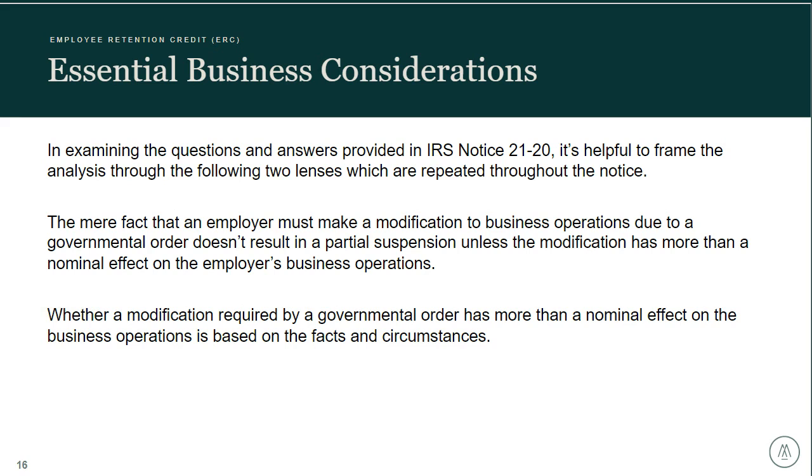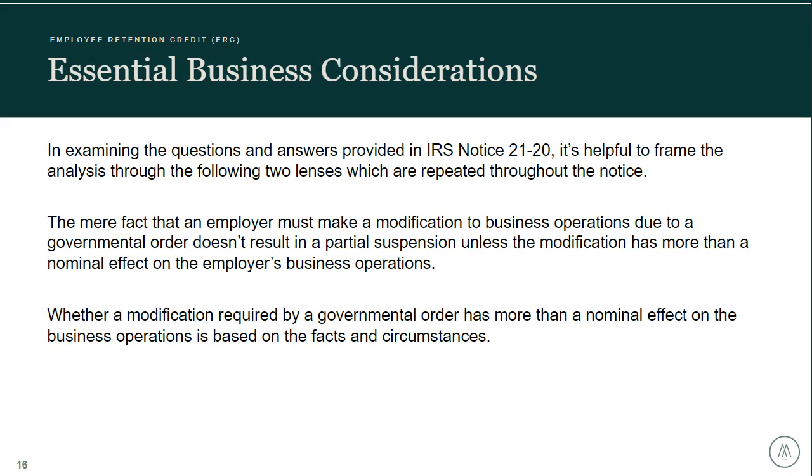And then the second aspect of this is whether a modification required by a government order has a more than nominal effect on the business operations is based on the facts and circumstances. So we frequently see lists of qualifications that are provided to clients, and there could be 10 different criteria that are provided there.